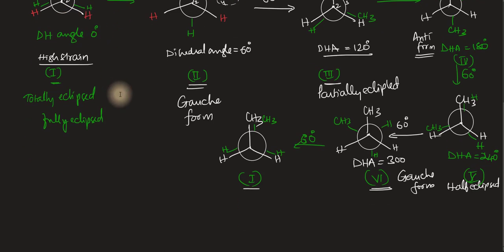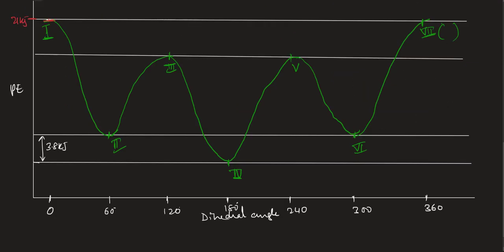Now if we try to understand the potential energy diagram for this, the potential energy versus dihedral angle plot for the conformations can be represented like this. Here, the structures represented by the anti form and gauche form are considered as conformers.